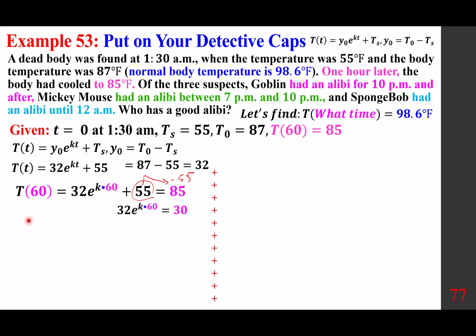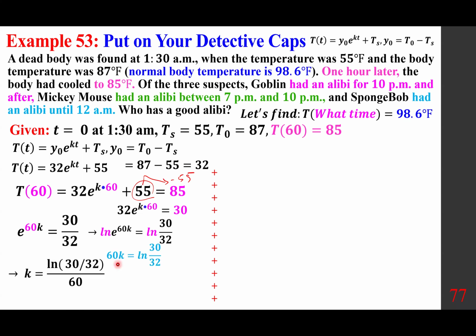So divide both sides by 32. Again, we know this is 15 over 16, but never mind that. Take a natural log of both sides. So this becomes 60k equals natural log of 30 over 32. Dividing by 60, we have the k, and putting it into a calculator will result in almost negative 0.001075. Remember, you carry a lot of decimals, everybody, okay?